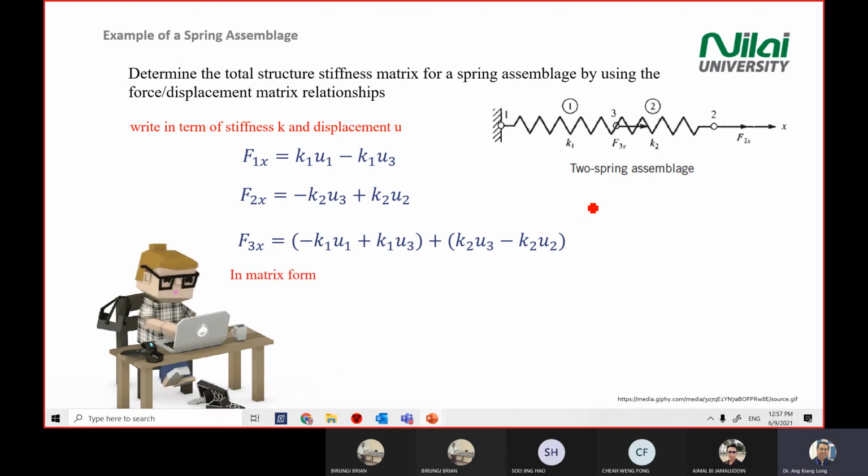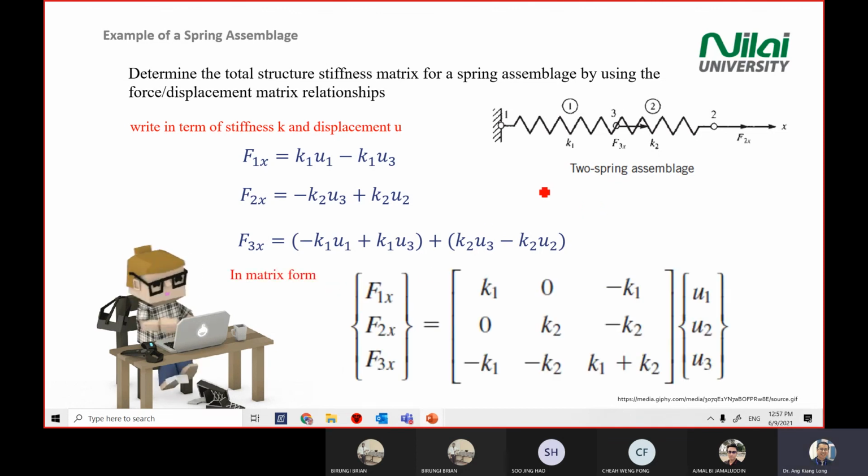You put everything in matrix form and you get this. You write 1, 2, 3, meaning force at points 1, 2, 3 because you have 3 points there. And on the right-hand side, it's from F equals KD.